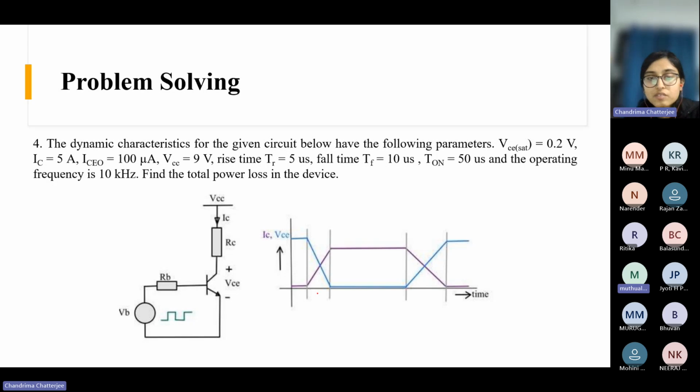Rise time is this one. So this portion is the rise time, TR. Then this portion is the fall time.